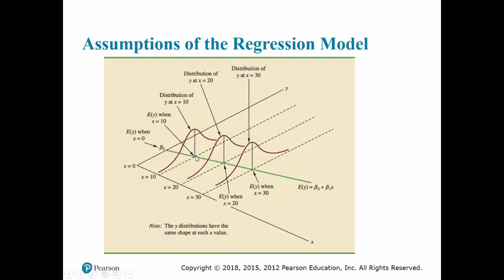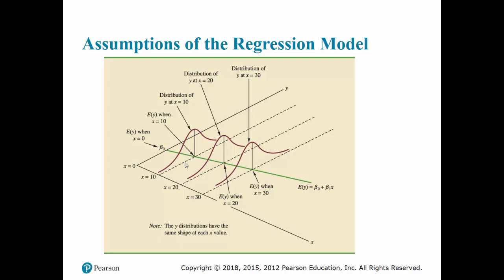So that's the mean, but the actual Y value comes from a distribution around that mean, and that distribution follows a normal distribution. The mean is on a straight line. If X is 20, then Y will come from a distribution that is centered over there. If X is 30, then Y will come from a distribution that is centered here.